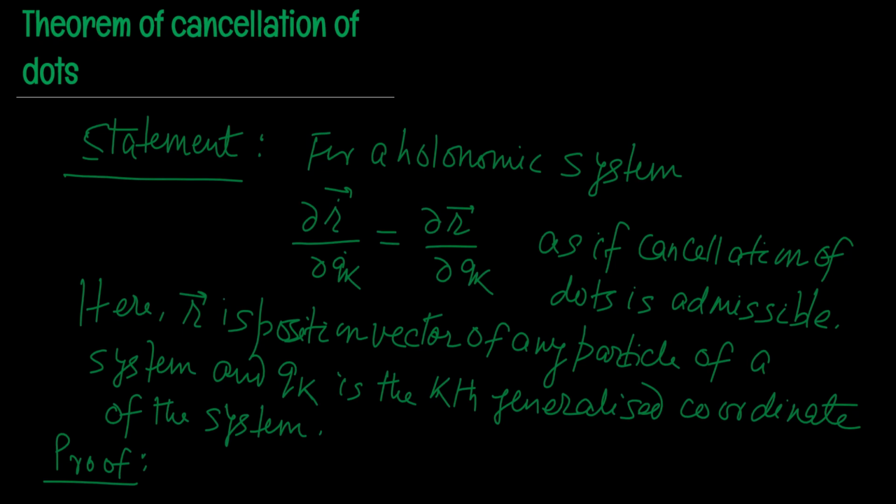The second one is the theorem of interchangeability of total time derivative with partial coordinate derivative. And the third is the theorem of quadratic nature of kinetic energy. Today we will discuss the first theorem, which is the theorem of cancellation of dots.